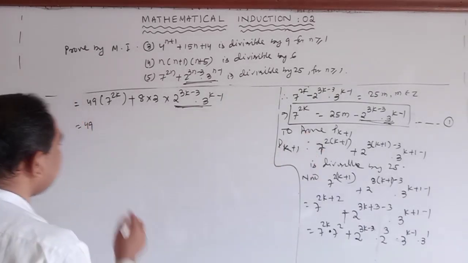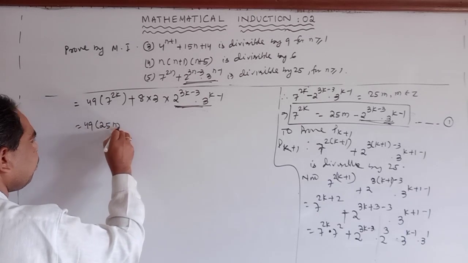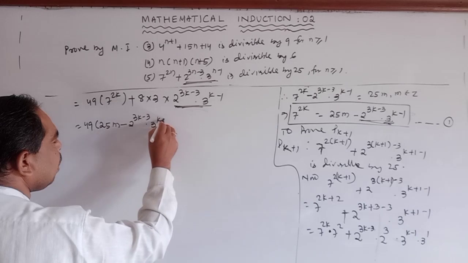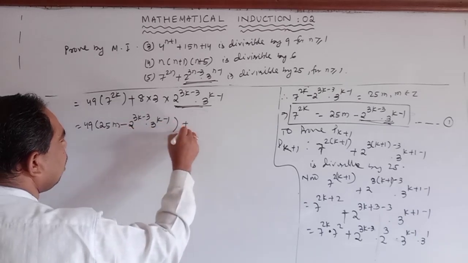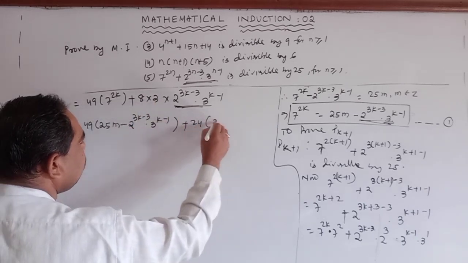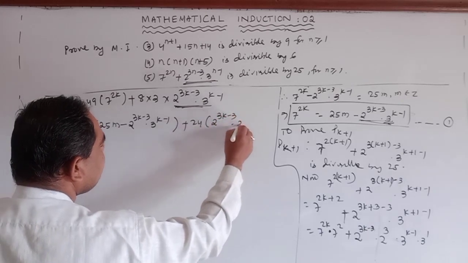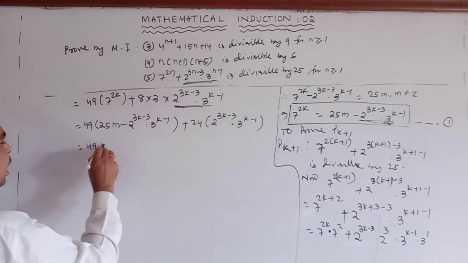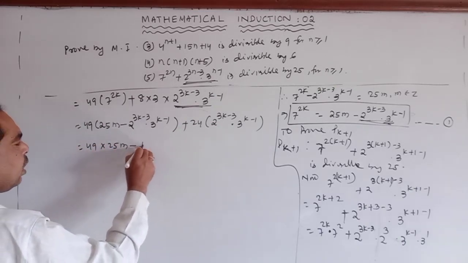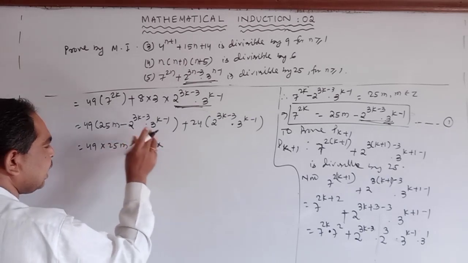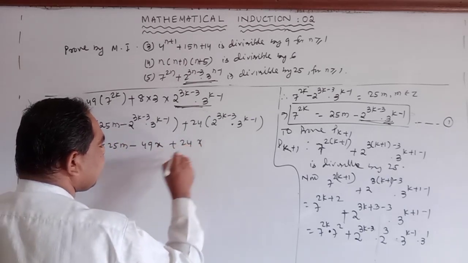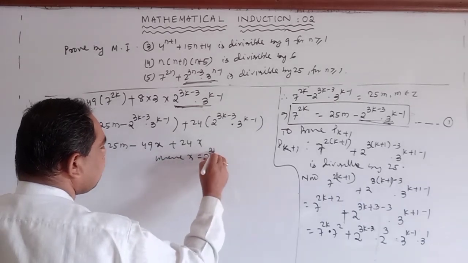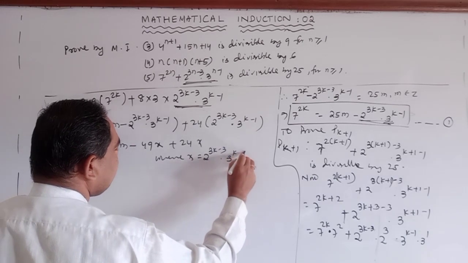This is equal to 49. What is the value of 7 to the power 2k from equation 1? It is 25m minus 2 to the power 3k minus 3 into 3 to the power k minus 1, plus 8 into 3, 24 into 2 to the power 3k minus 3 into 3 to the power k minus 1. So this is equal to 49 into 25m minus 49x plus 24x, where x is equal to 2 to the power 3k minus 3 into 3 to the power k minus 1.